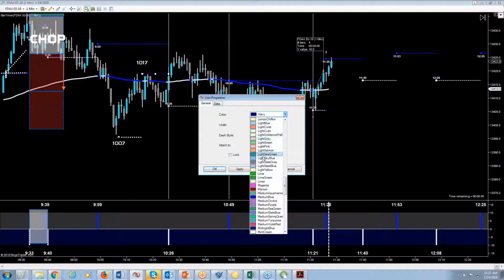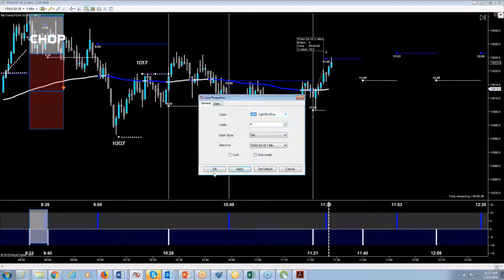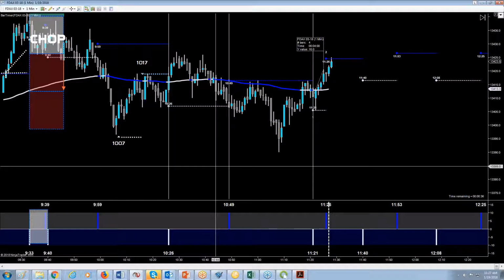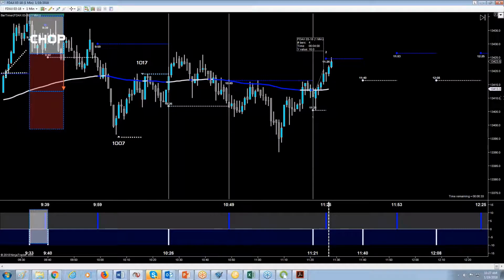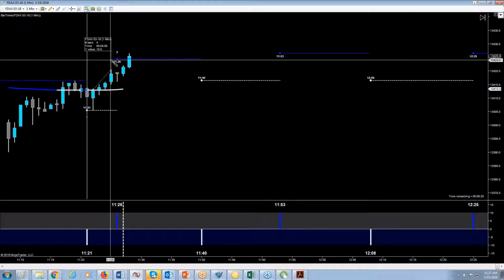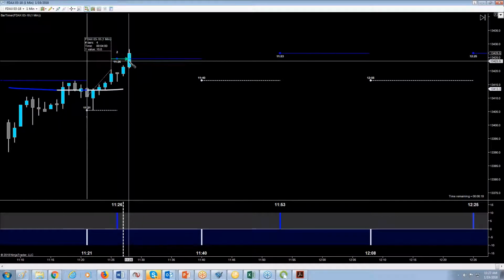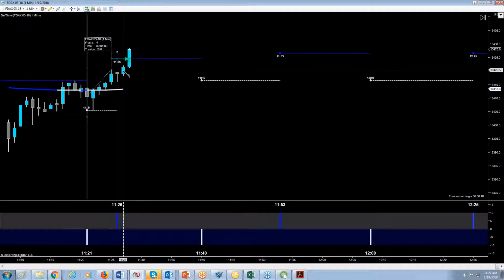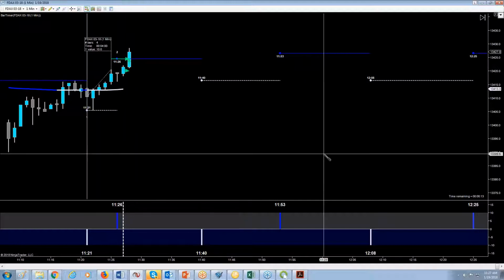Got anything bluer? There we go. The 11:26 puncture on the DAX indicates that in the direction of the trend right here, there's a good opportunity to go long at the breakout right here with a stop, AJ, just below that candle.